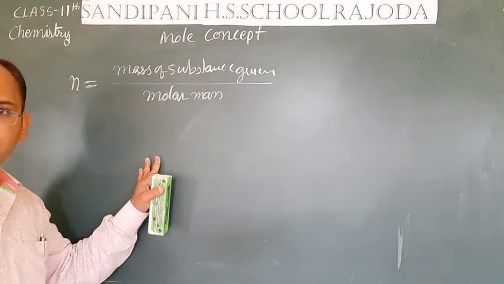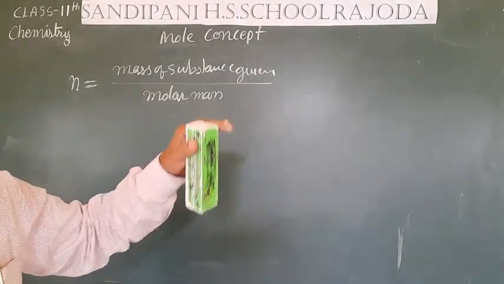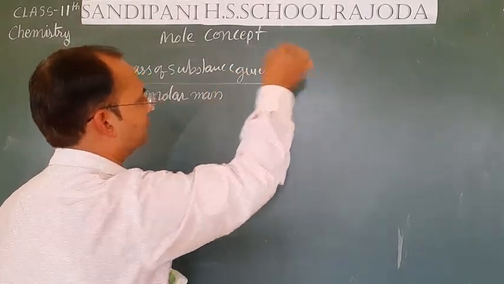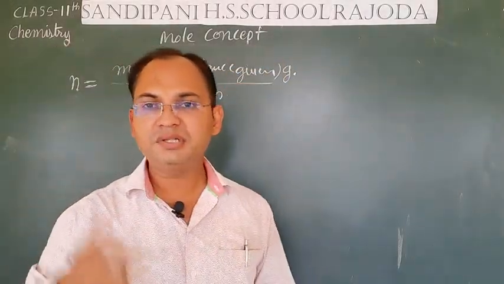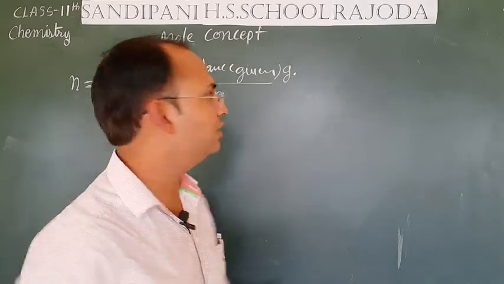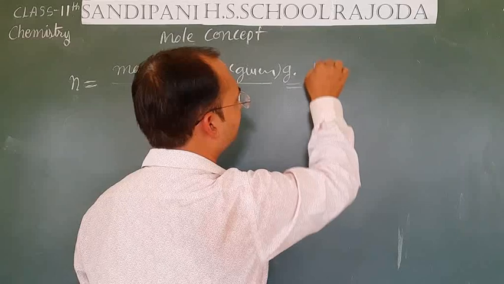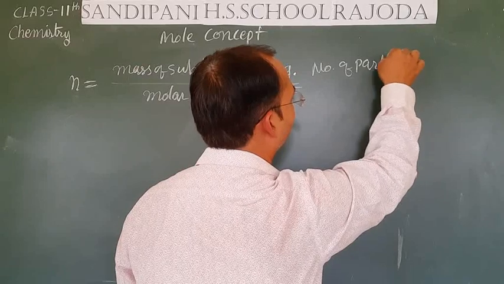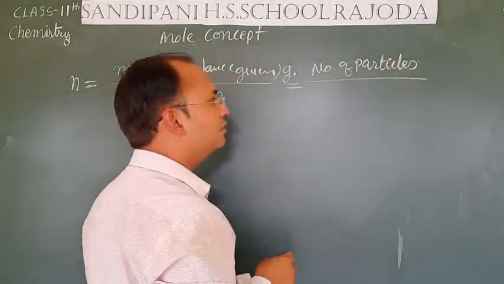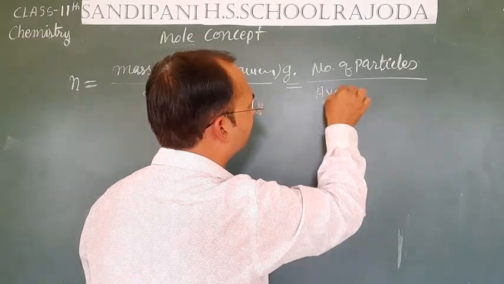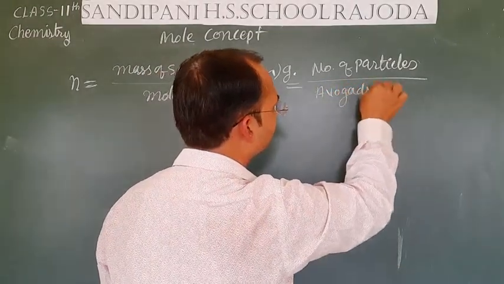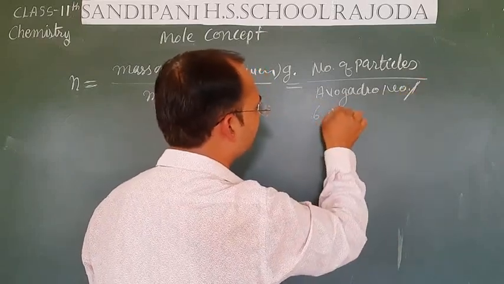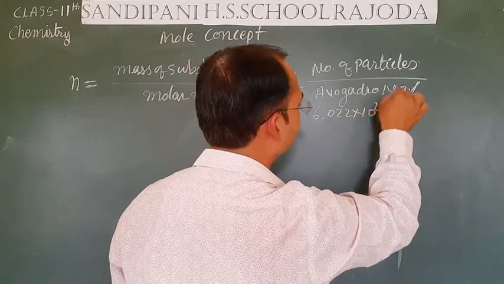This formula establishes the relationship with the mass of the substance, but this mass of the substance should be in gram. Second thing, if the number of particles is given, then we can modify this formula: n is equal to the number of particles given divided by the Avogadro number, or we can say divided by 6.022 into 10 to the power 23.